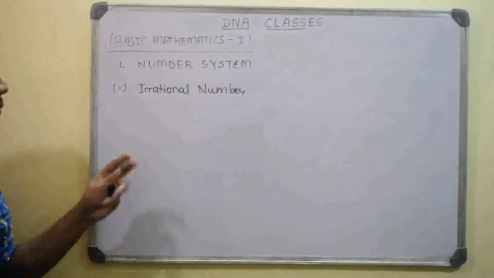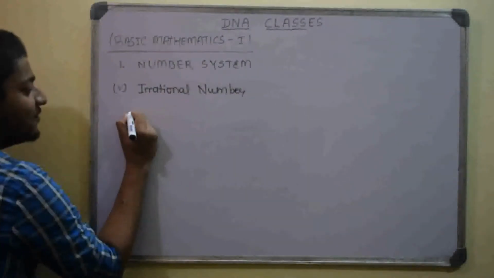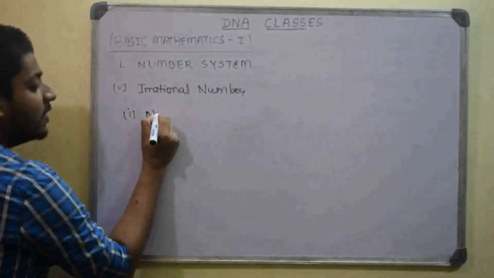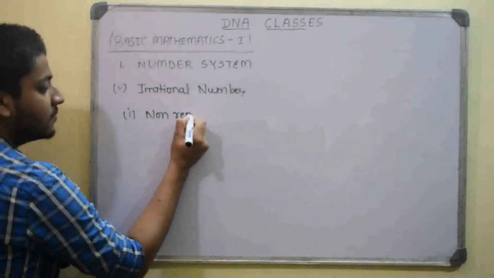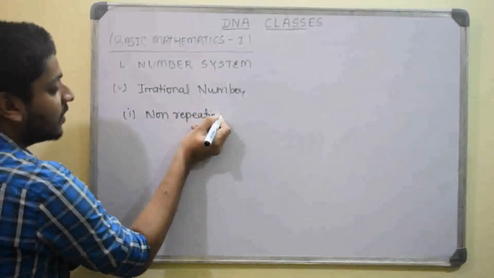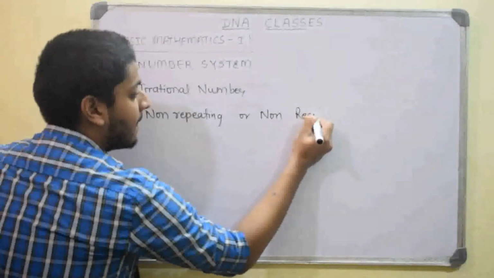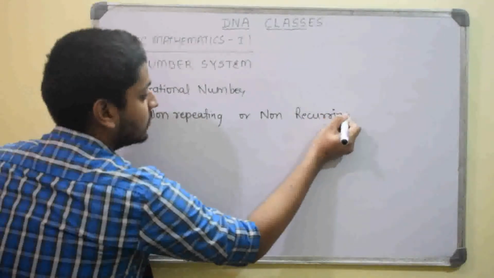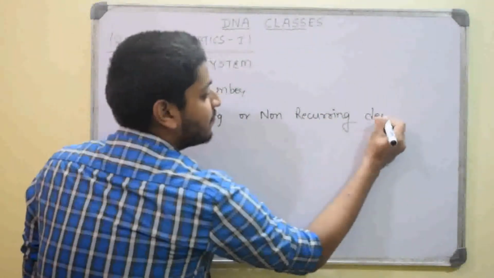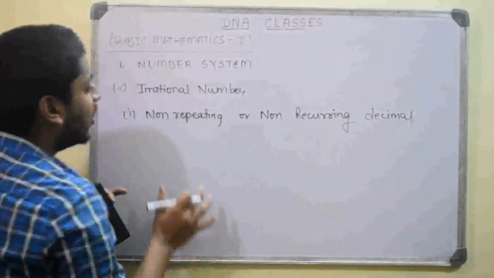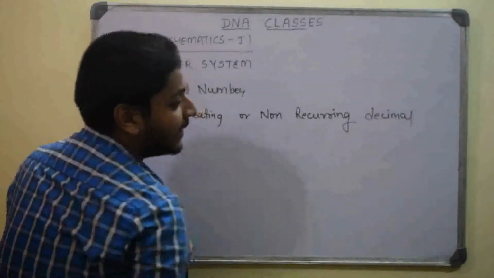Now an irrational number is when the decimal is non-repeating or non-recurring.